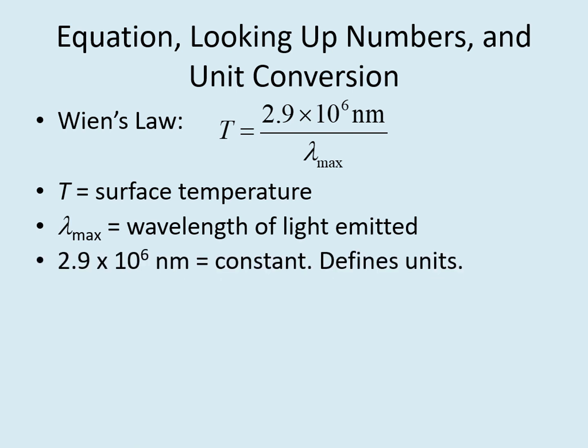2.9 times 10 to the 6th nanometers is a constant, sort of like the gravitational constant we saw earlier. Like the gravitational constant, this one also tells us what units we need to be using for the wavelength, nanometers. Note that this equation gives us an answer in Kelvin. We don't usually write the kelvins in the constant for historical reasons. This is really a very simple equation.